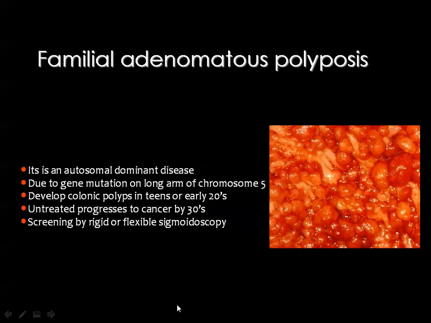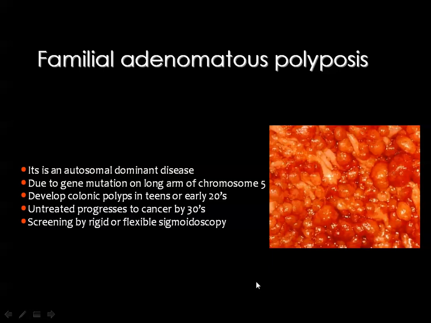Familial polyposis is an autosomal dominant disease, and in this disease there are too many polyps in the colon at early ages, like teens and early 20s of age.